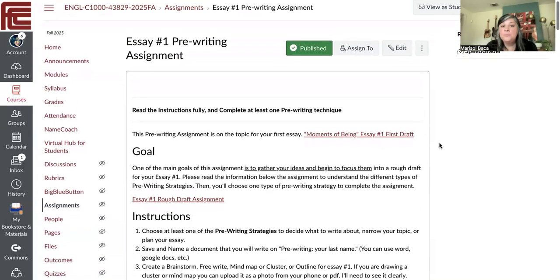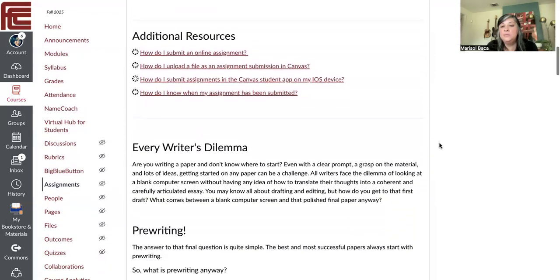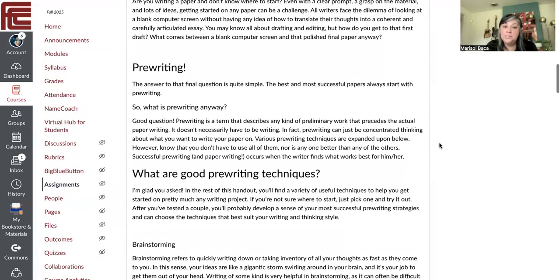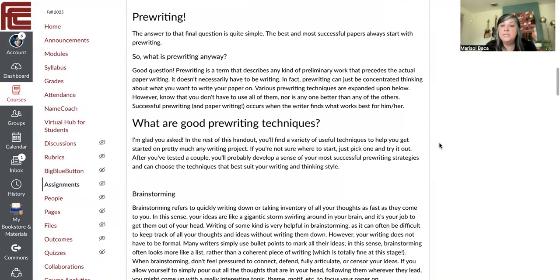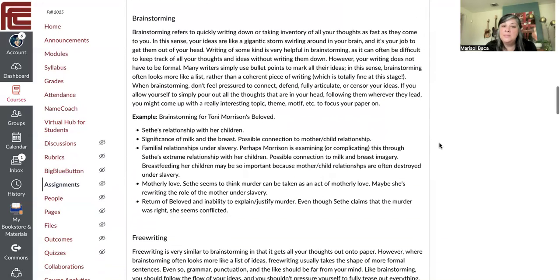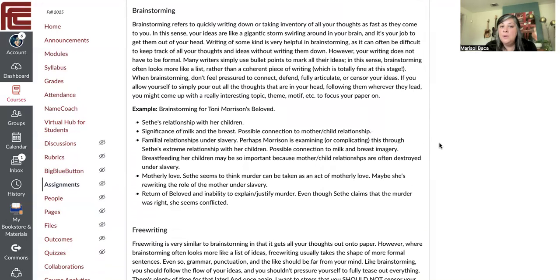From there, the pre-writing assignment gives you different options. It teaches you a little bit about different pre-writing techniques. One of them is brainstorming, which might look like a list, right? It gives a little example right there of what the brainstorming list looks like.